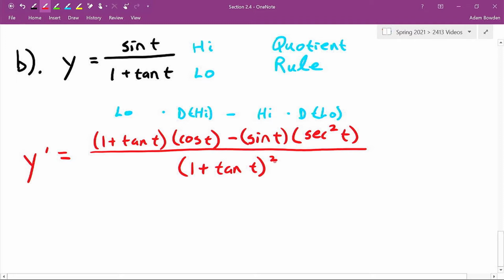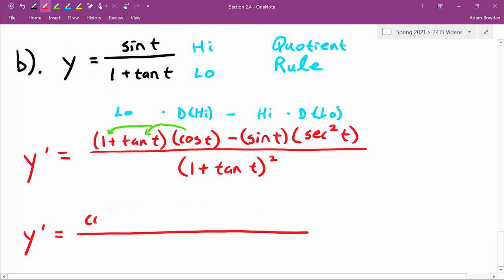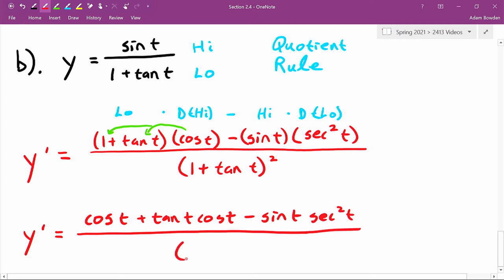Okay, this one I have some work to do in order to simplify it. What I'm going to do first is distribute this cosine t into the parentheses. We're going to rewrite it as cosine t plus tangent t cosine t minus sine t secant squared t, all over 1 plus tangent t all squared.